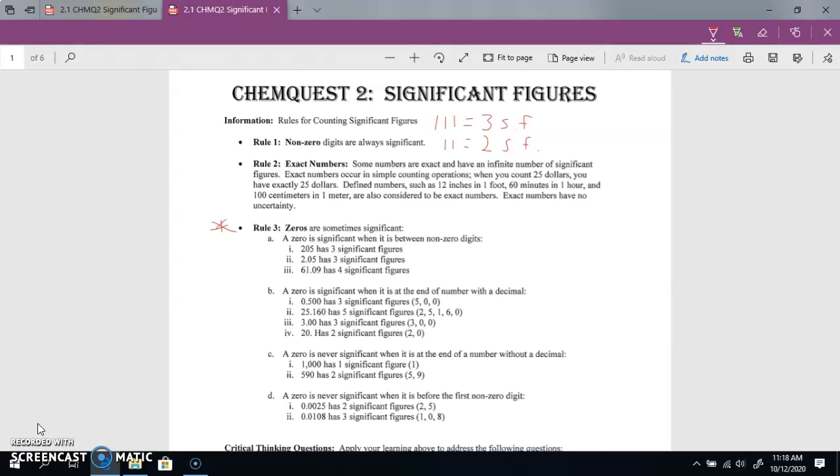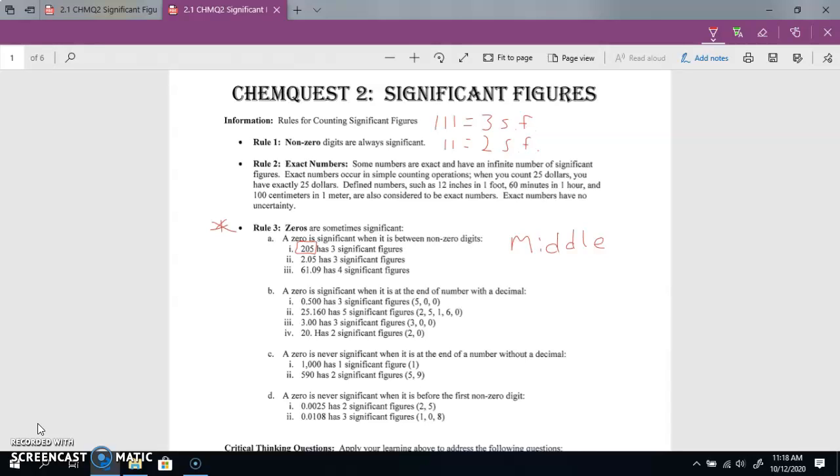Okay, so out to the side I'm going to put middle zeros. And you can see that rule 3a says a zero is significant when it is in between non-zero digits. So for example, the number 205 has three significant figures because the 2 and the 5 are significant according to rule number 1, and 3a says that that middle zero is significant because middle zeros are always significant.